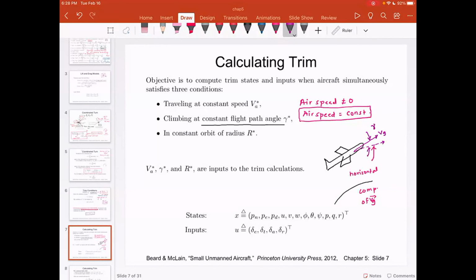So this flight path angle needs to be constant.